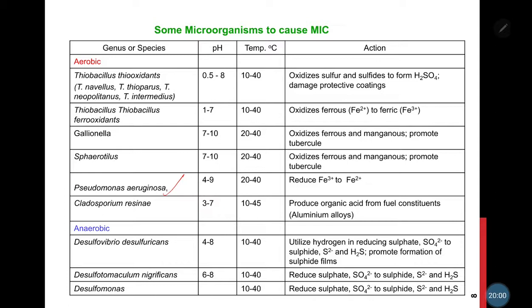So you have to know yang spesies ni dia punya pH ialah pada pH 4 to 9 dan dia punya temperature ialah 20 to 40 degree C. So kalau dia berada dalam keadaan temperature yang lebih tinggi, mungkin dia tak wujud. Dan dia punya how dia act to the corrosion process ialah by reduce ferrous dengan ferric.